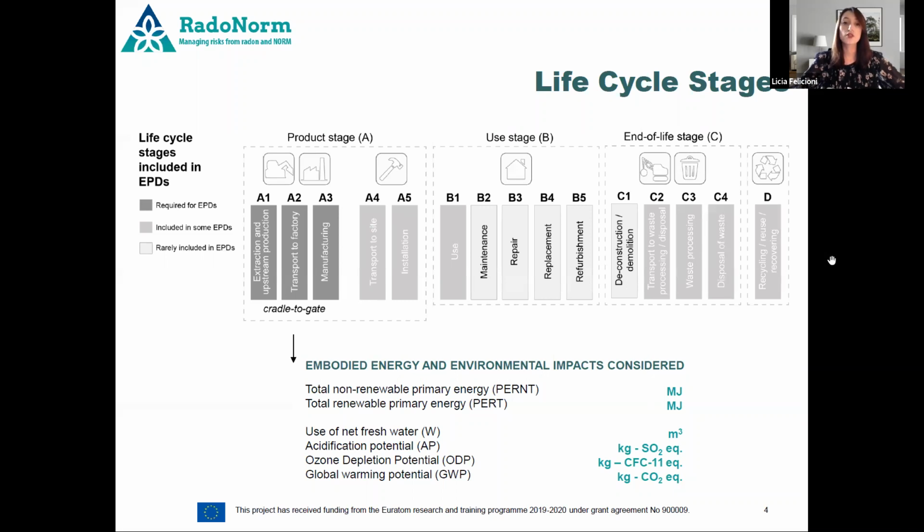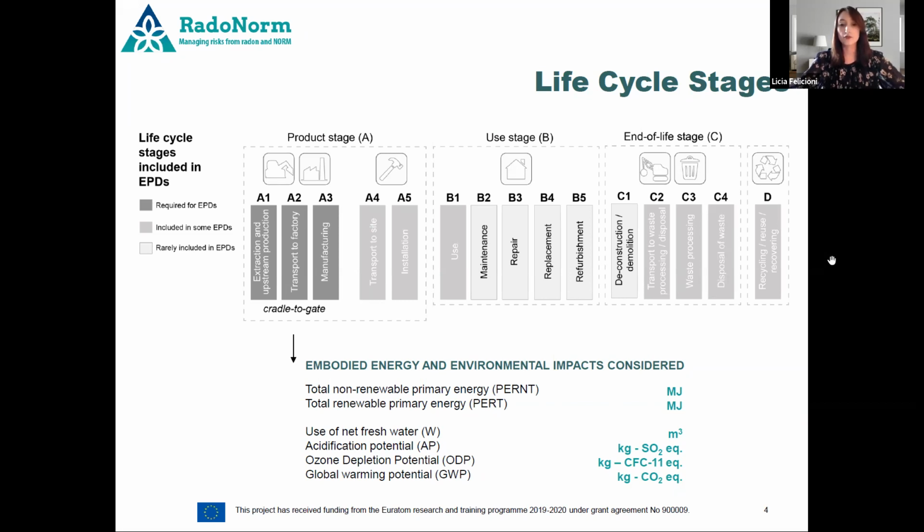But for our purpose, we are focused on the product stage and more specifically the A1 to A3 stages, known as the cradle to gate phase, which goes from the extraction of the raw material to the transportation to the factory up to the manufacturing of the material itself. The impacts of these stages are collected in the environmental product declaration.